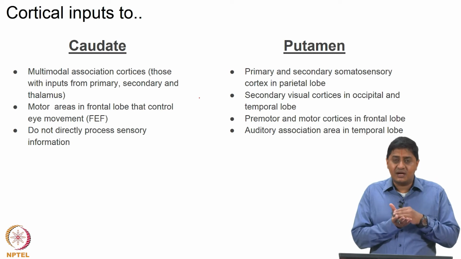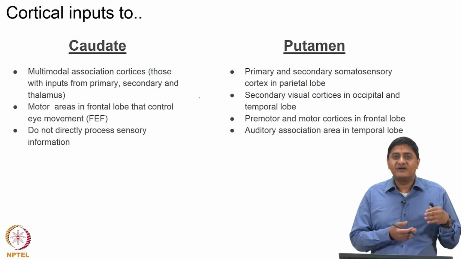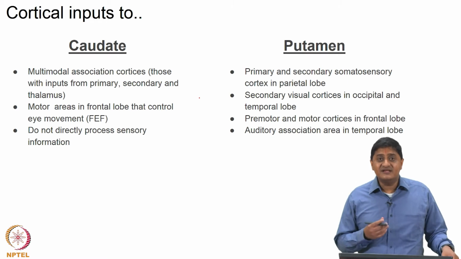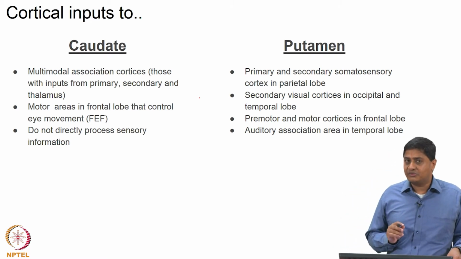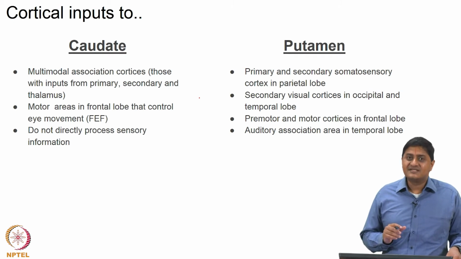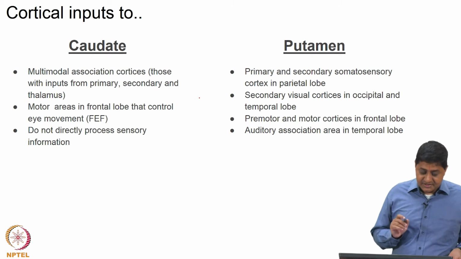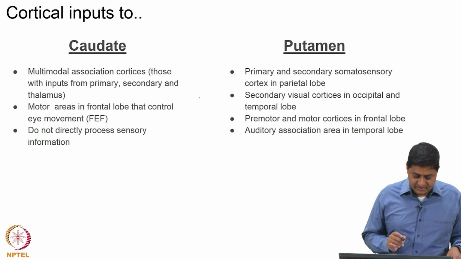So, inputs that come from one region of the cortex are kept separate from inputs that come from a different region of the cortex. And that is very well seen in the difference between caudate and putamen. Let us remember, caudate and putamen are actually similar structures that are separated by the internal capsule, right. Yet the kind of inputs that they receive are different, right.